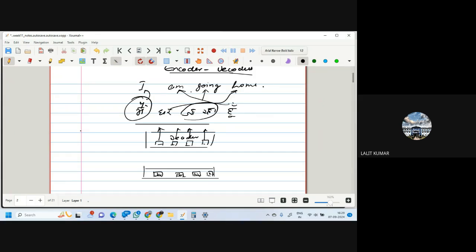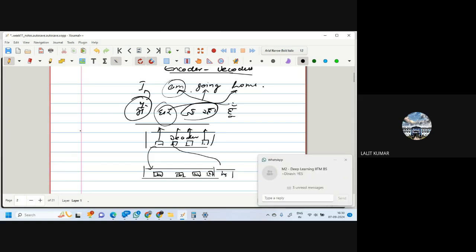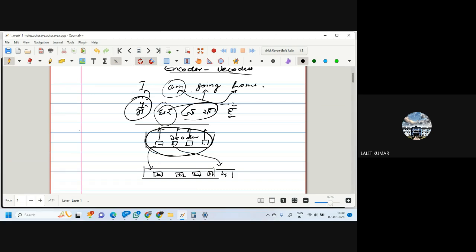For example, this is I and this is main, so this depends more here. And ghar, now the next is hoon, which for example will depend on the last one, this is H5. So the concept came: why not have a mechanism by which, at various output states of the decoder, we know on which particular outputs or hidden states of the encoder we should focus more.